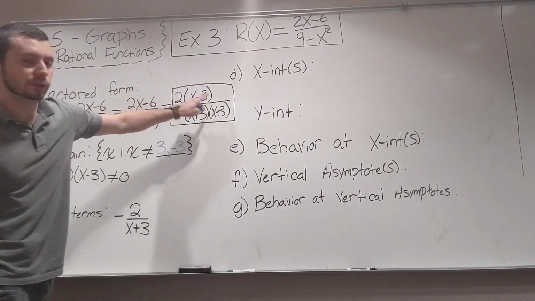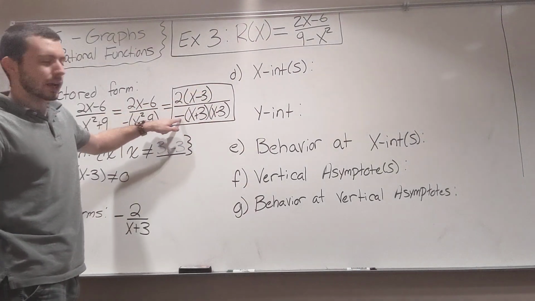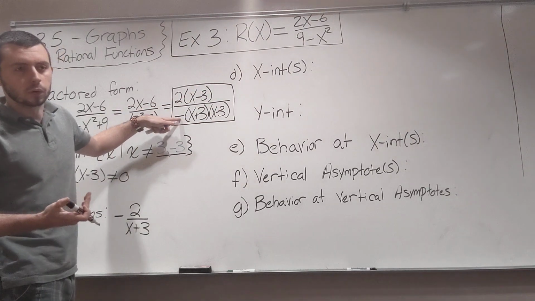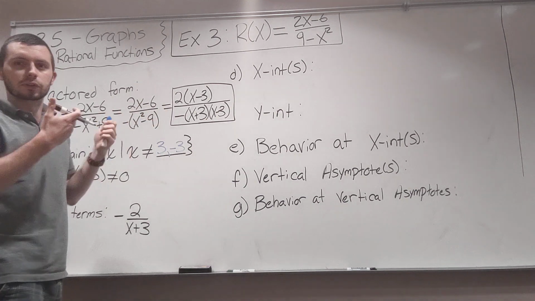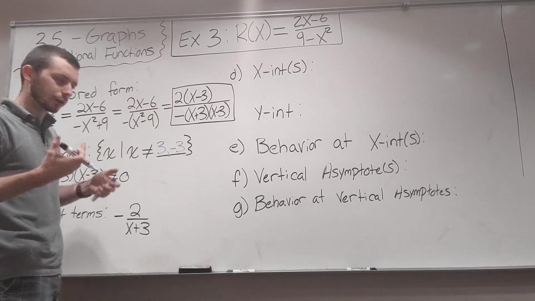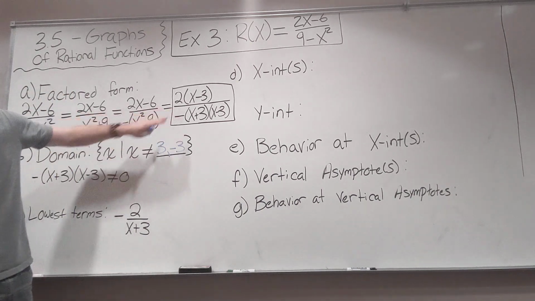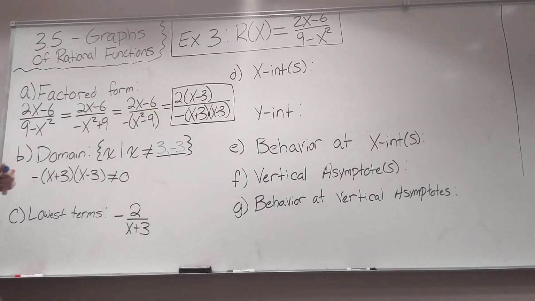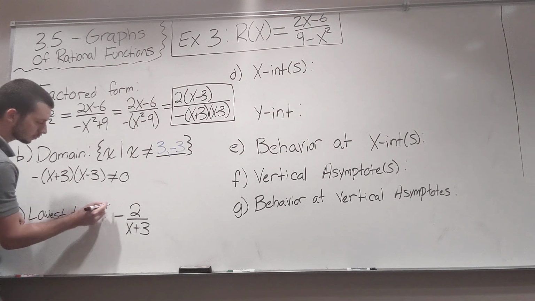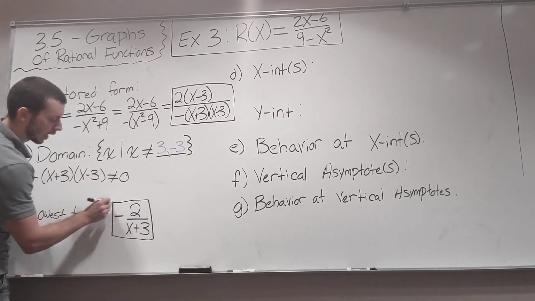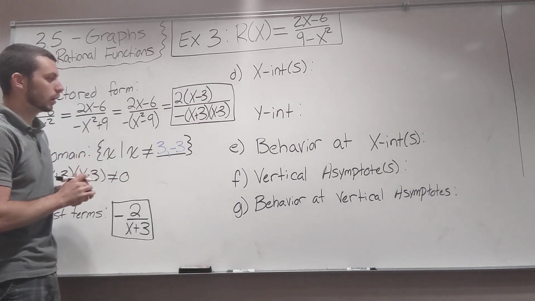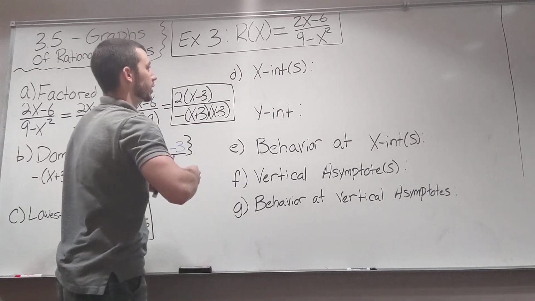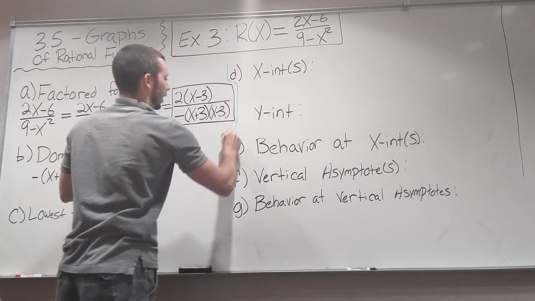So the x minus 3's canceled, and this minus sign, well, you can have a negative in the denominator and move it up to the numerator if it's multiplying. So it means the same exact thing. And so this will be our new function we get to look at throughout the remainder of these parts. So we'll move on to part D here, which is asking for the x-intercepts.